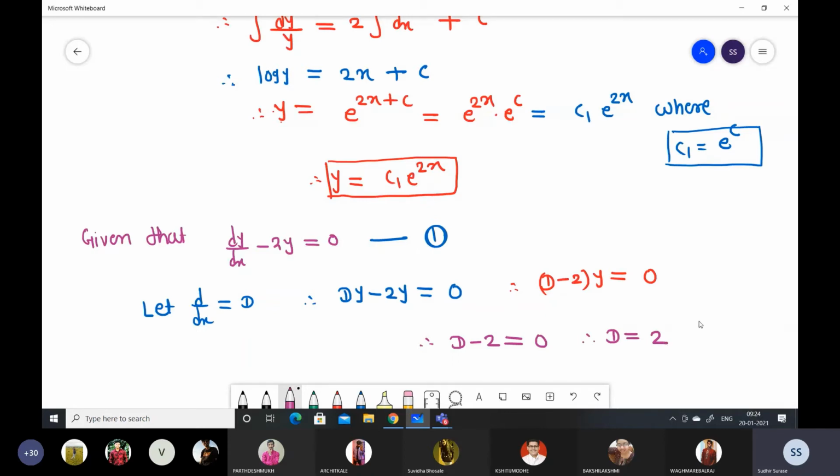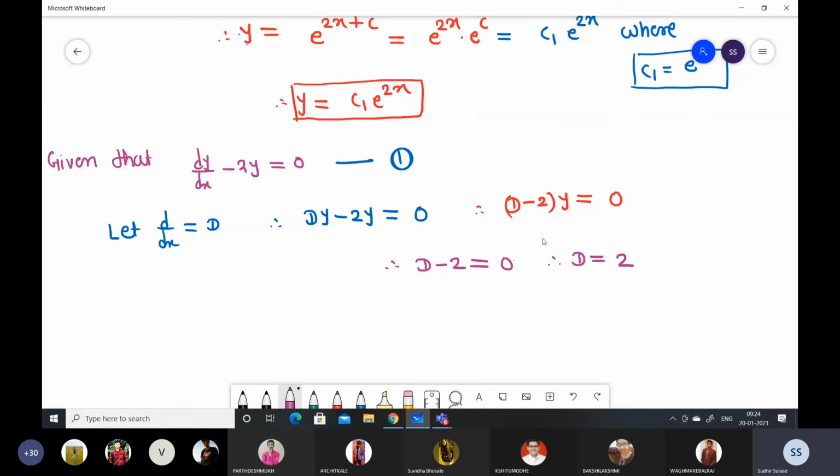Okay, so here we get one root, D is equal to 2, and the solution we have to write as y depends on x, so y is equal to a constant; order is 1, that's why one constant you have to take there. So let's say constant c1 and the exponential term, and its power you have to write as that root.